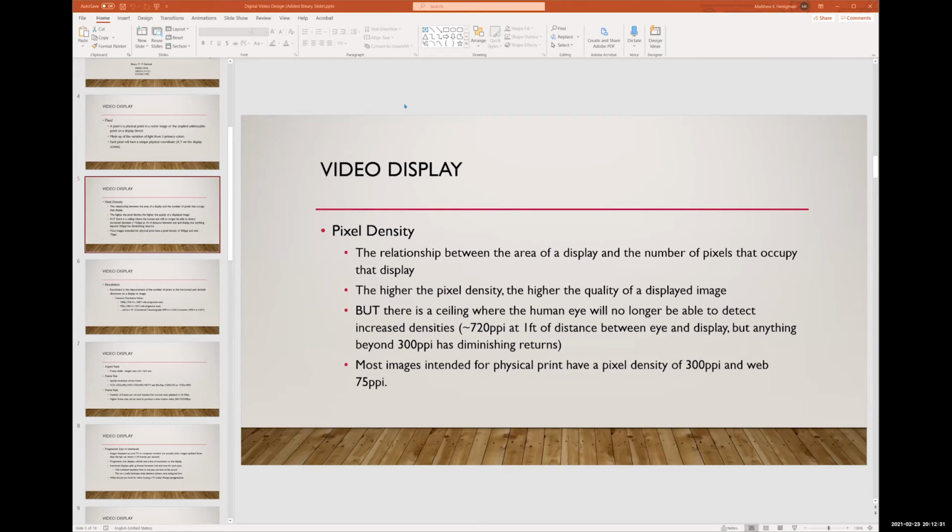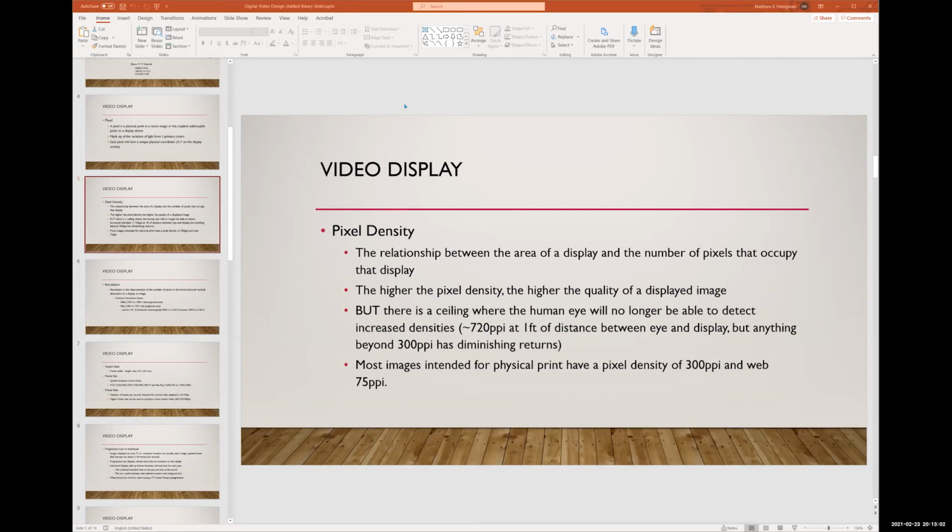Now, also just a note about real world objects or media versus digitally displayed media. In digitally displayed media, the limiting factor is the display itself, the physical properties and specifications of the display. In the real world, the limiting factor is your eye.